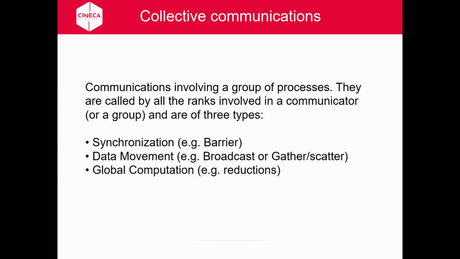The kinds of communication that can be named collective can be divided into synchronization operations, data movement operations, and global computation instructions. We will see in the next slides what kind of data movement we can do.